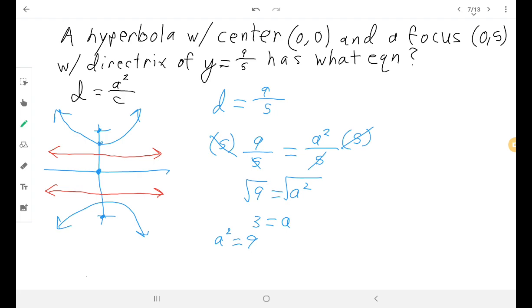So then we know where our vertices are, and then let me draw the box in green. We need the value of the box.